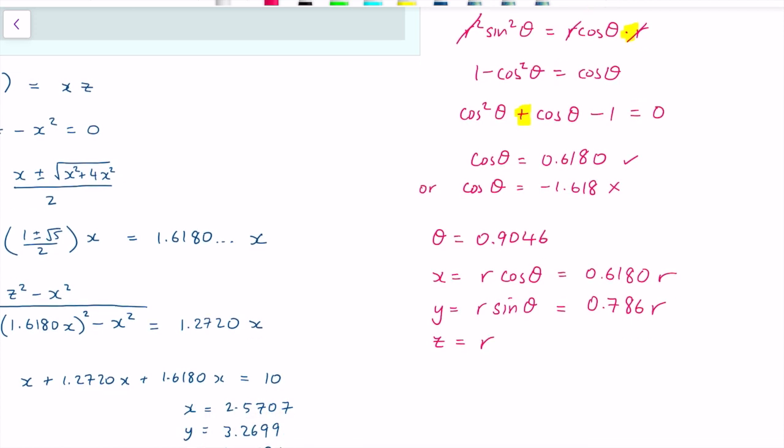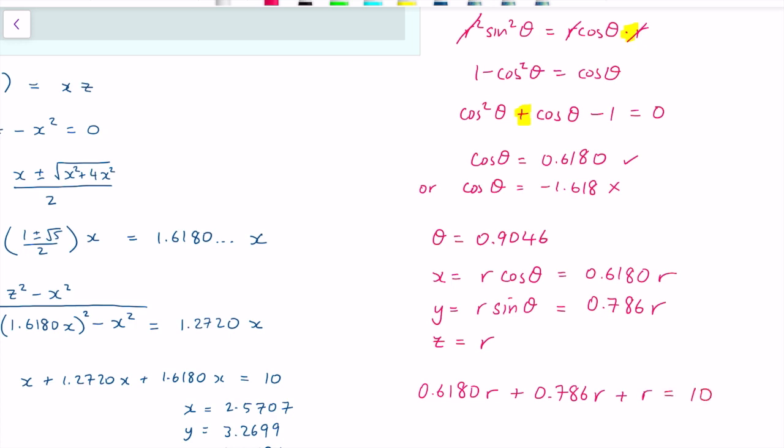And now we can add those three expressions together because we know they all equal 10. So we've got 0.6180 r plus 0.786 r plus r equals 10.